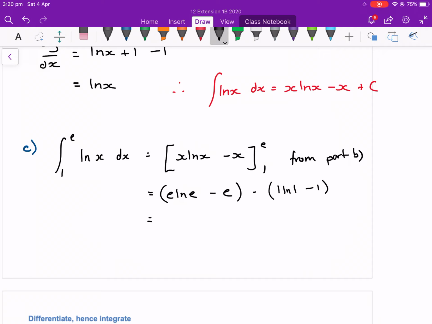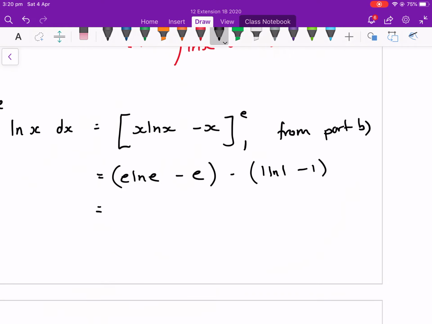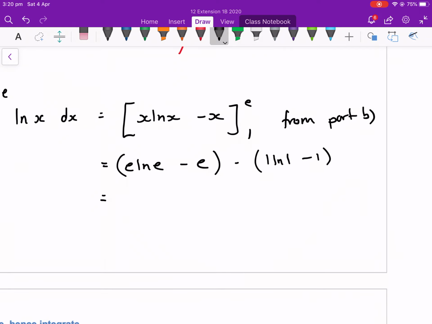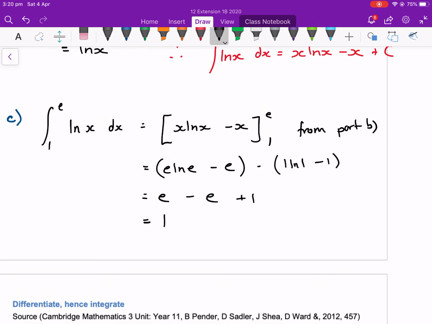Working this through, we end up with ln e, which is 1, so e minus e, minus ln 1, which is 0, minus 1, which is plus 1, and we end up with just 1. So therefore, the integral between 1 and e of ln x dx is just 1.